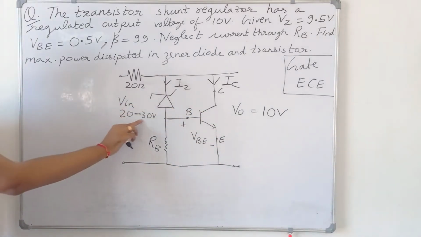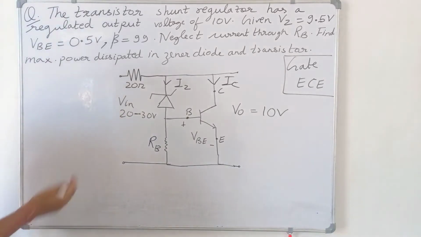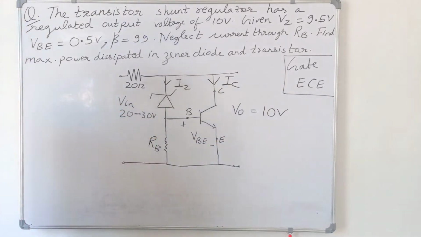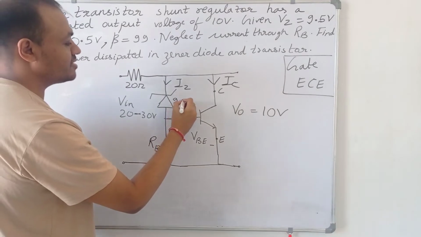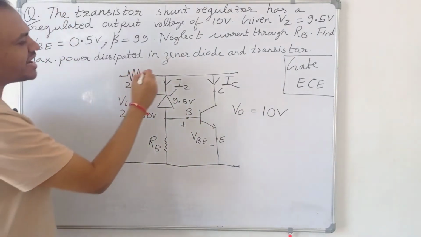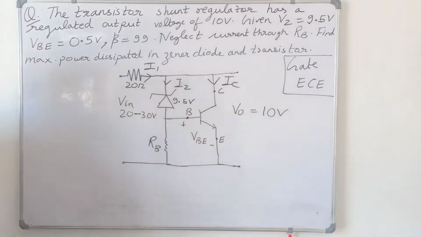Vin is given as a variable voltage from 20 to 30 volt. The output regulated voltage is fixed as 10 volt. This Zener diode voltage is 9.5 volt. Let this current be I1. So we have to find the power dissipated in Zener diode and transistor.